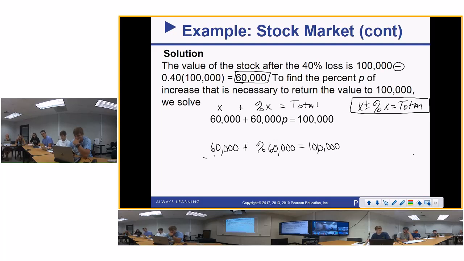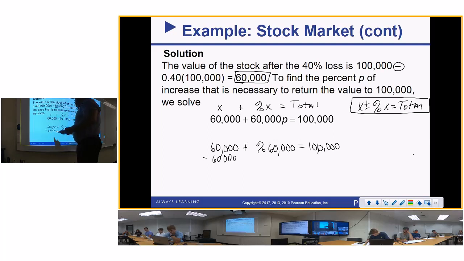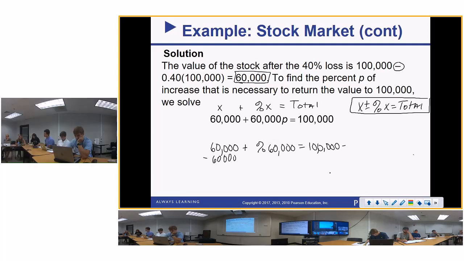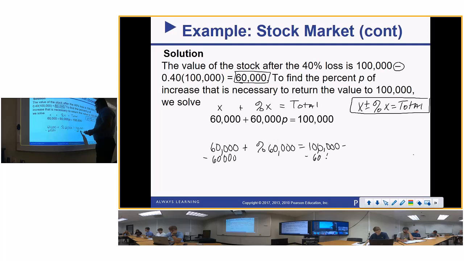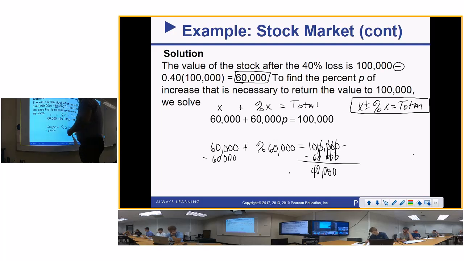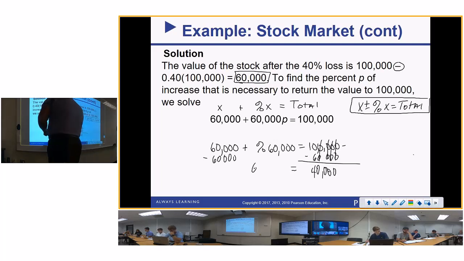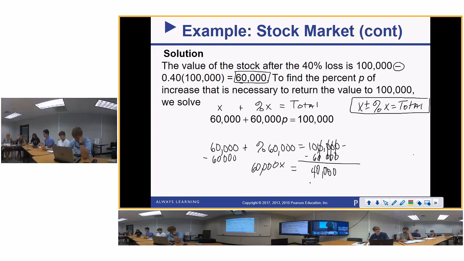So we're going to minus 60,000. Minus 60,000. And that's going to give us 40,000. 40,000 equals 60,000x, and divide by 60,000.